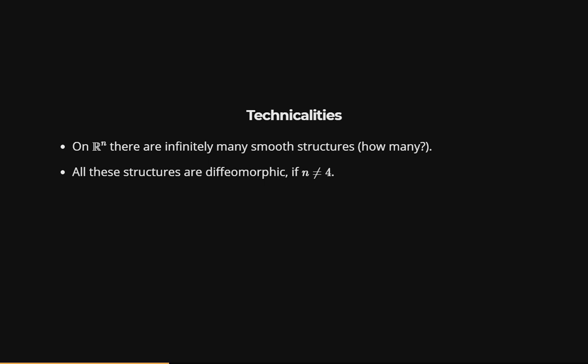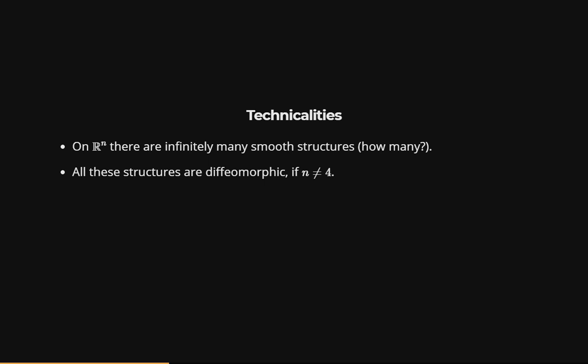Now, the technical points, I don't care too much about that. On R^n, there are infinitely many smooth structures, and you can try and find how many. All these structures are diffeomorphic if n isn't 4. So if you take two smooth structures on R^3, for example, you have a diffeomorphism between them: a map which is smooth from R^3 to R^3 with two different smooth structures, and that is invertible.